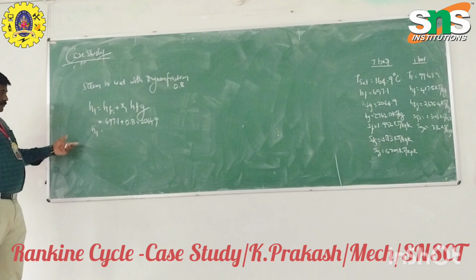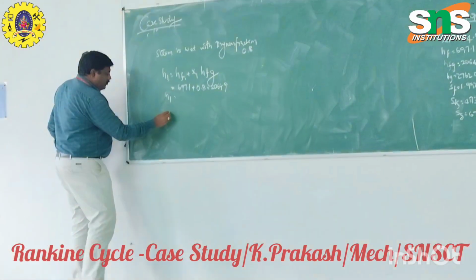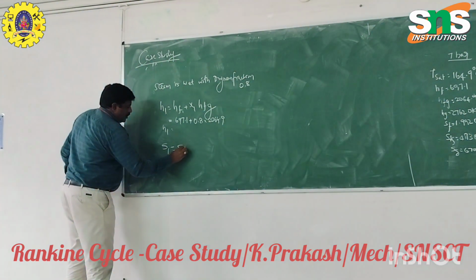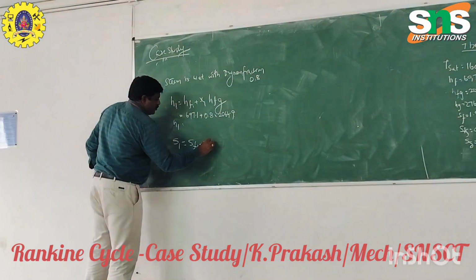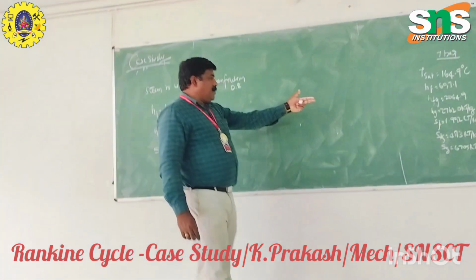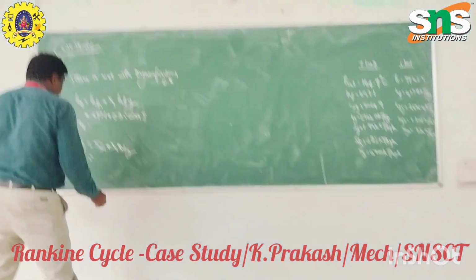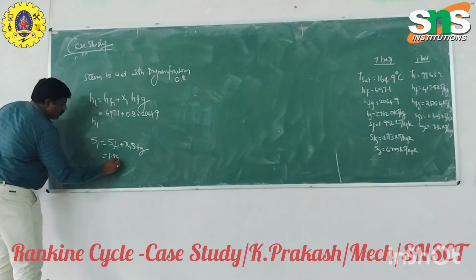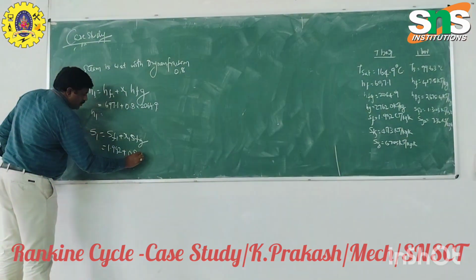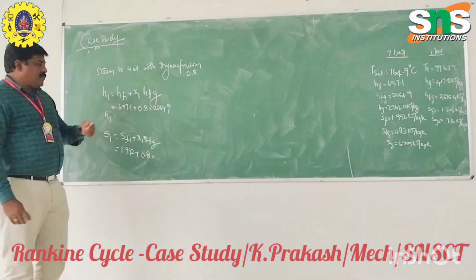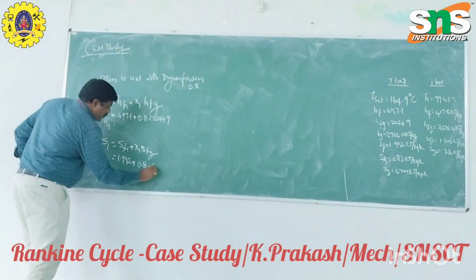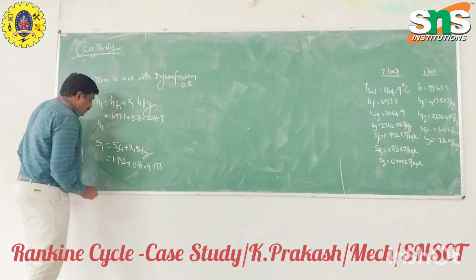Okay. In the same way, we are finding S1. The formula for S1 is S of 1 plus X1 into S of G. From the values we have taken from the steam tables, S of 1 is 1.992 plus 0.8 into S of G, and we are taking the value of S of G as 4.17.